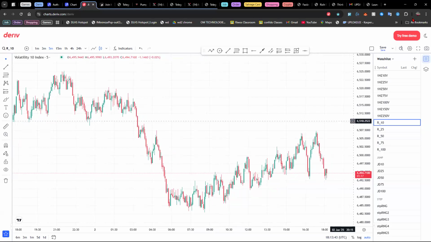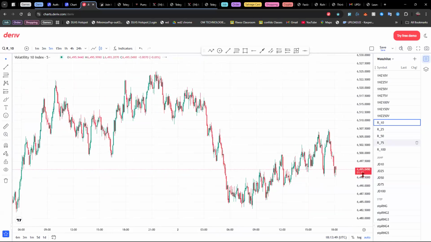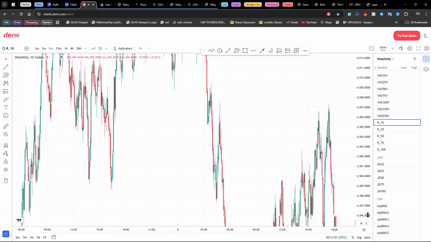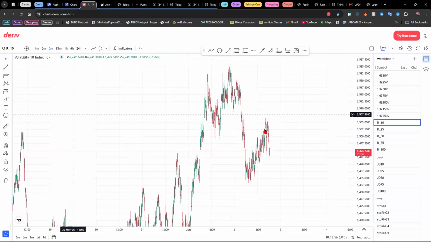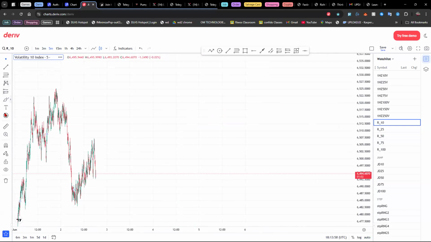Just like what I was talking about last week, basically, the things we look for is sweep of liquidity. Rule number one is sweep of liquidity.